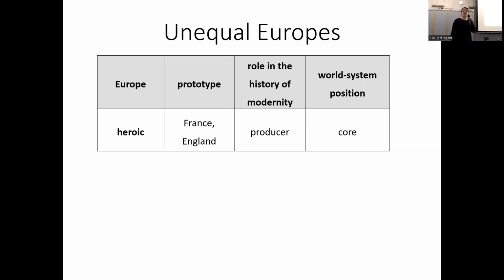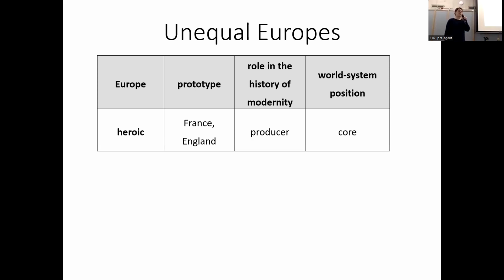And I term that heroic Europe, which is a discourse about oneself, but also one that allots power, different and unequal power of definition to others that it links to its own self-understanding.